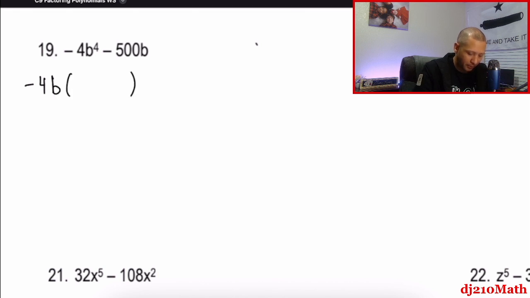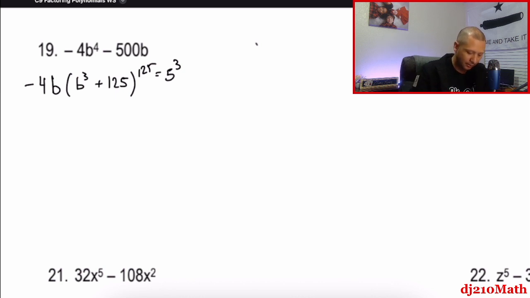We have b cubed plus 125. 4 times 125 is 500. Okay, we have b cubed. So can we make 125 into a cube? So 5 cubed. That's 125.